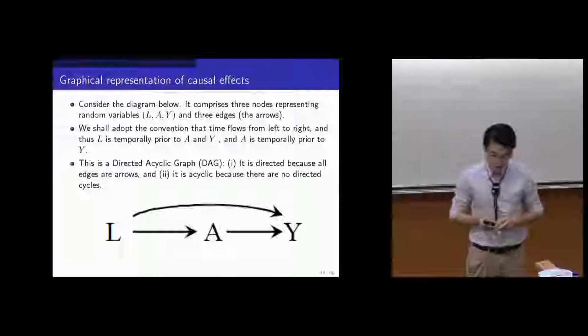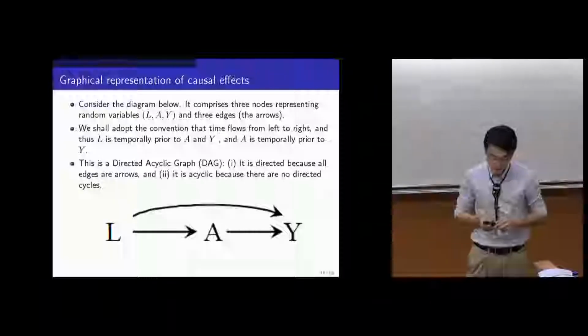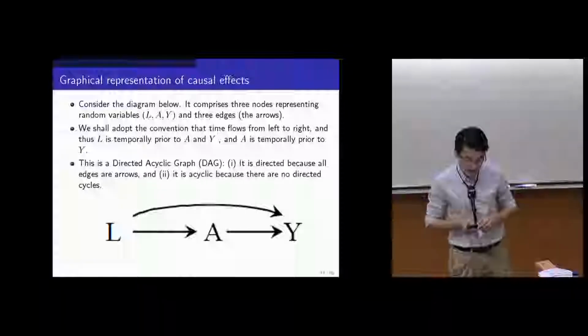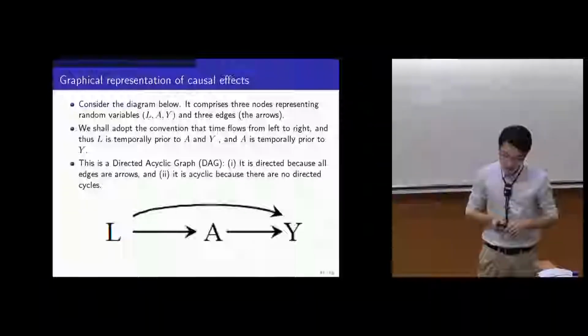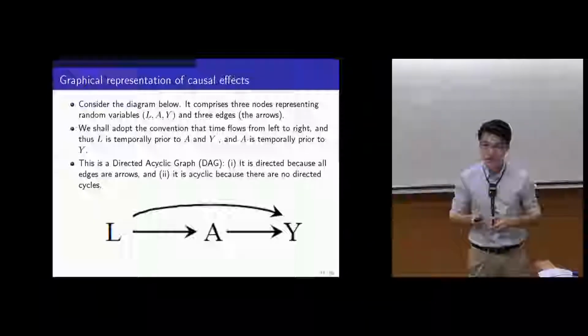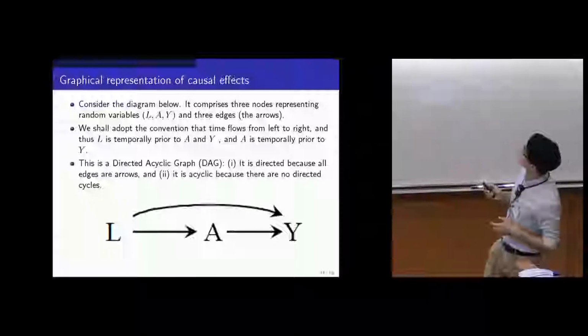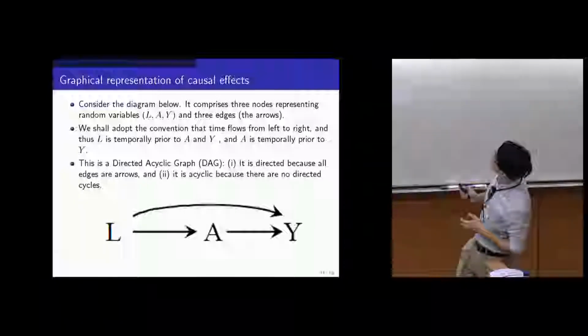This is a direct example of a directed acyclic graph. It is directed because all edges are arrows, and it is acyclic because there are no directed circles. All right, so here, if this arrow happens to point this way, then we will have a cycle, a directed cycle, right?